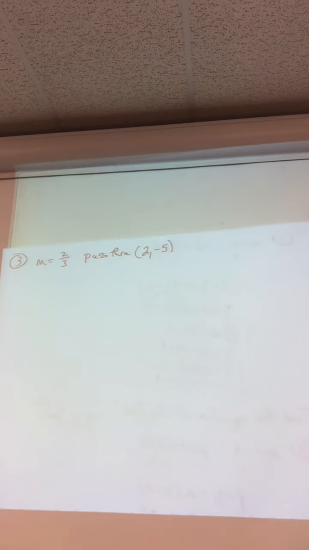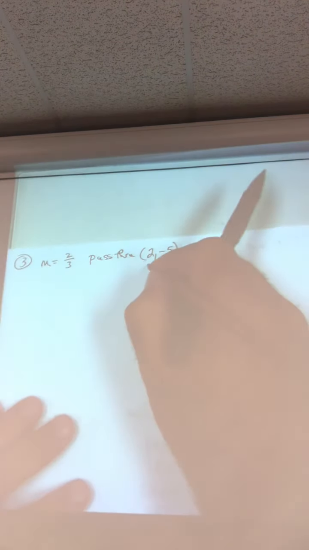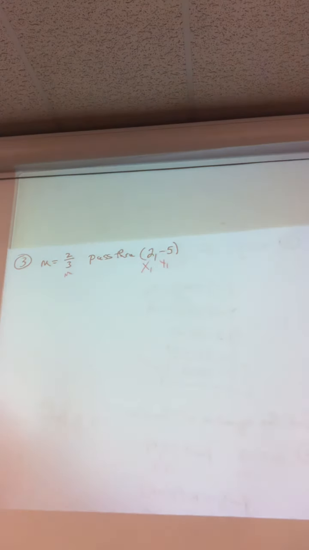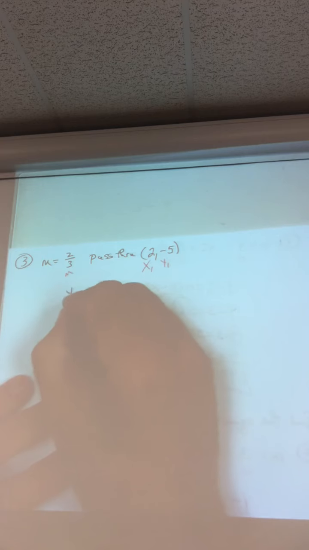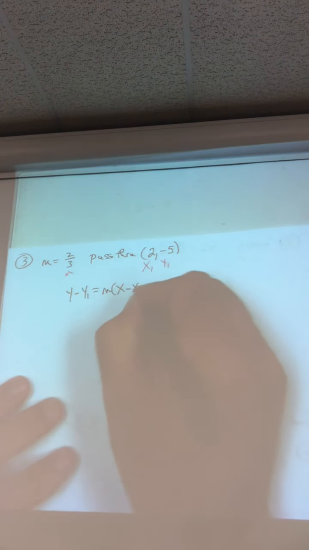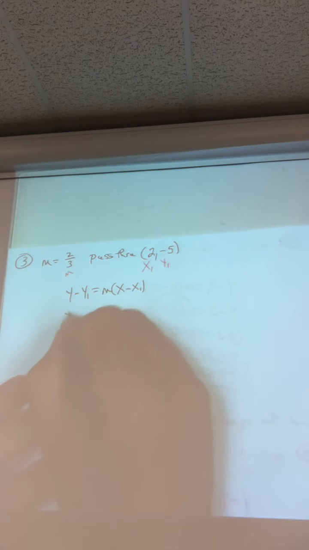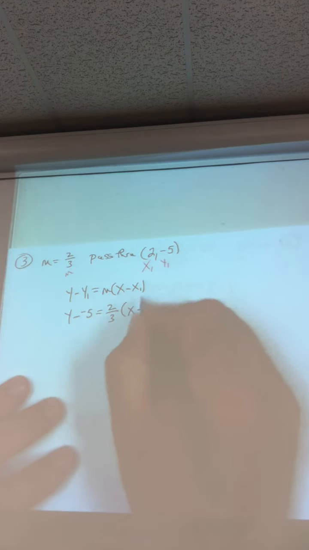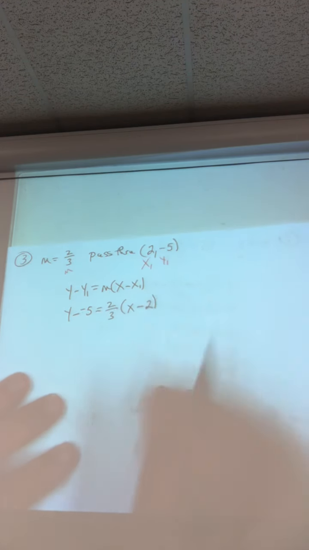So what I will do is I will come to this ordered pair, x1, y1. That's m. And I've got y minus y1 equals m times x minus x1. Y minus -5 equals m, which is 2/3, times x minus, and then x1 is 2.